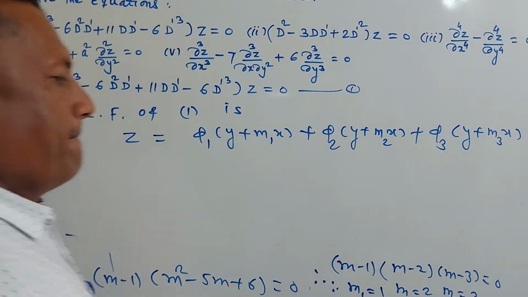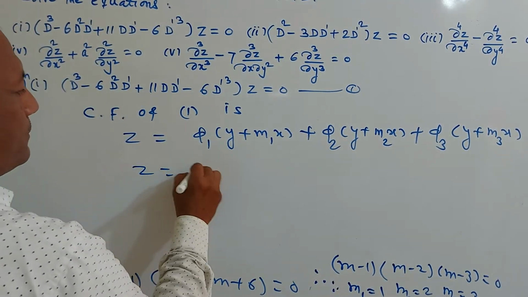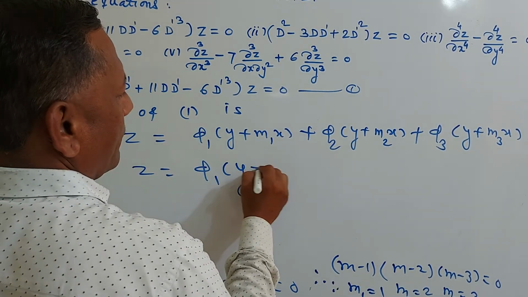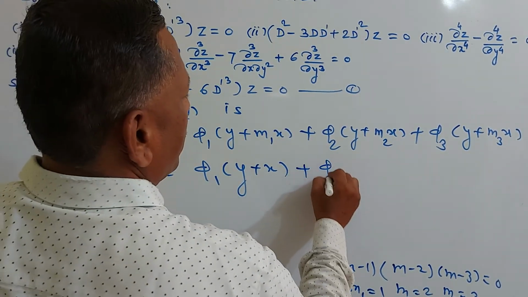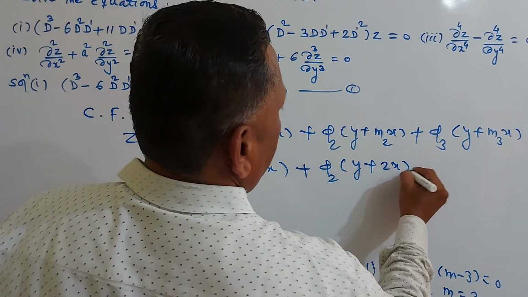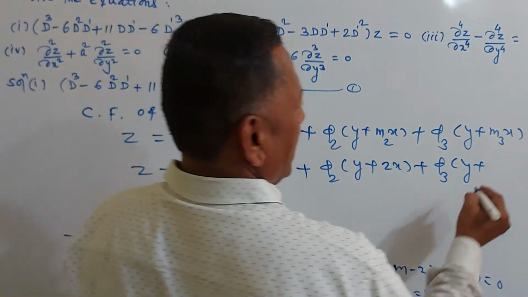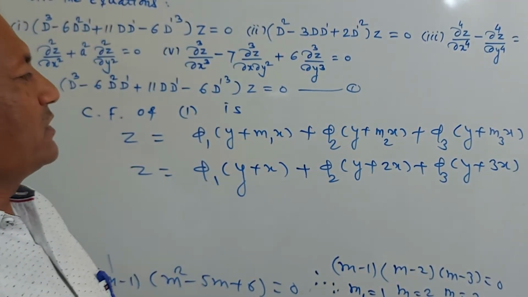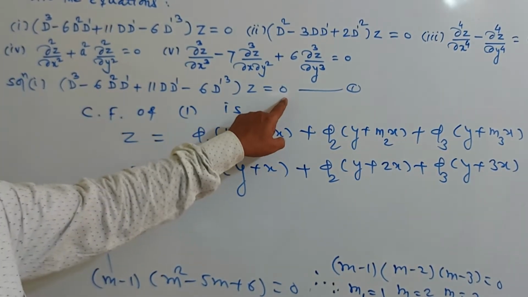So these are the distinct factors. Therefore z is equal to phi1(y plus x) plus phi2(y plus 2x) plus phi3(y plus 3x). So this is the required general solution of given partial differential equation 1.